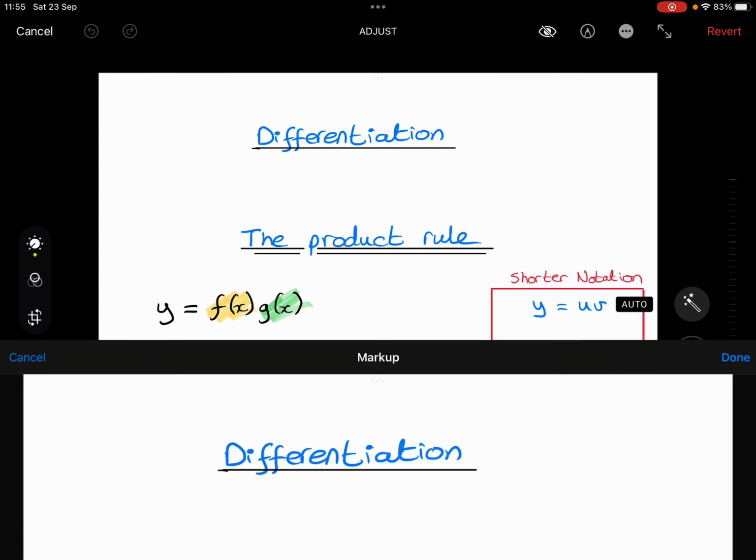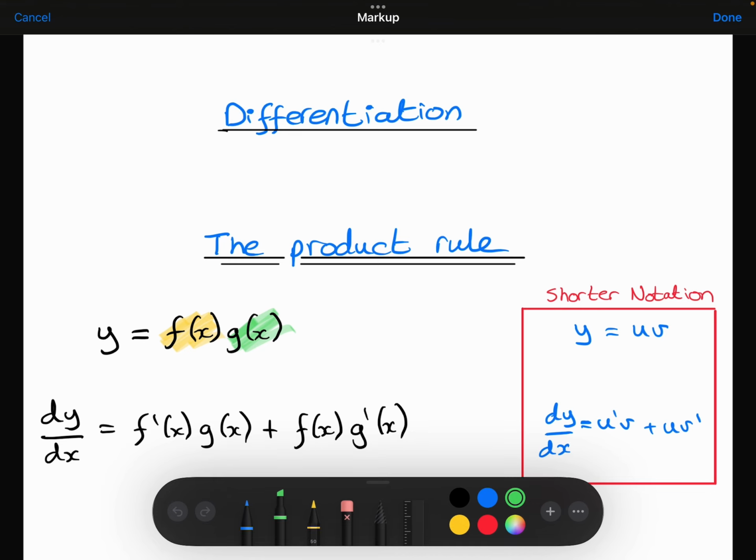And I will post a link in the description to this video of the proof of this formula. But basically, we differentiate the f function to get f dash, and we multiply it by the g function.